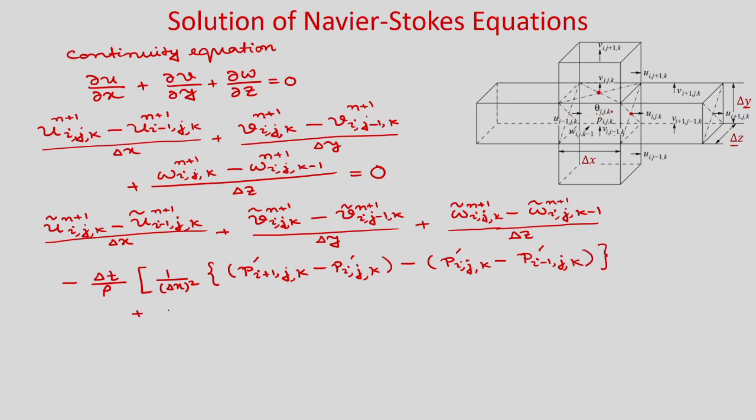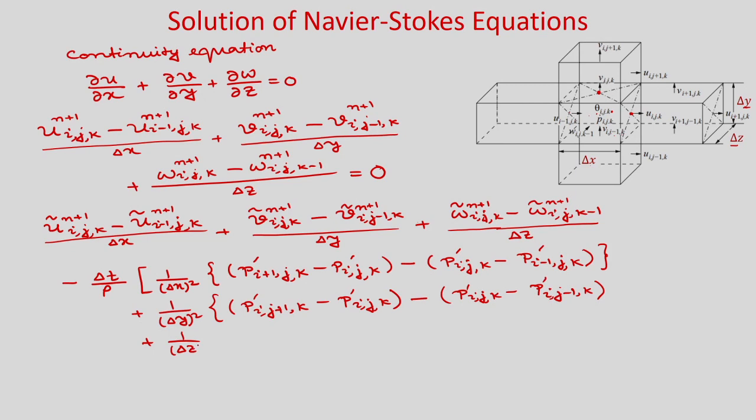Similarly for v velocities you will get the delta y square term: p prime i j plus 1 k minus p prime i j k minus p prime i j k minus p prime i j minus 1 k, plus 1 by delta z square, p prime i j k plus 1 minus p prime i j k minus p prime i j k minus p prime i j k minus 1.